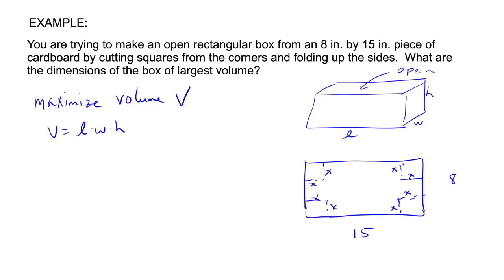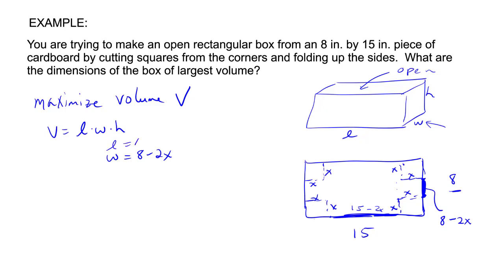Well, on the side here where I have 8, this portion here is going to end up being this here, and that's going to be the width, okay? And that's just going to be 8, and then I have to take away the x's on each side, so 8 minus 2x. All right, so the width is 8 minus 2x, and the length over here is just going to be 15, also minus 2x when I get rid of those two sides.